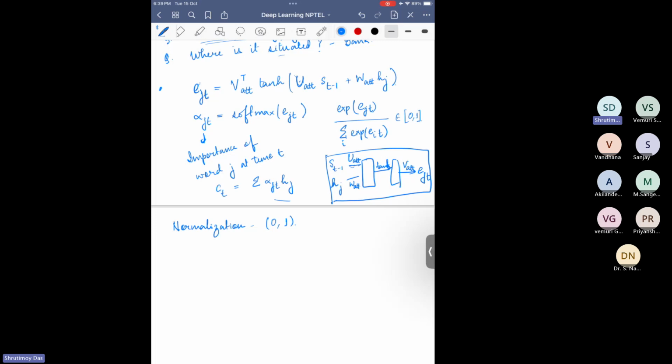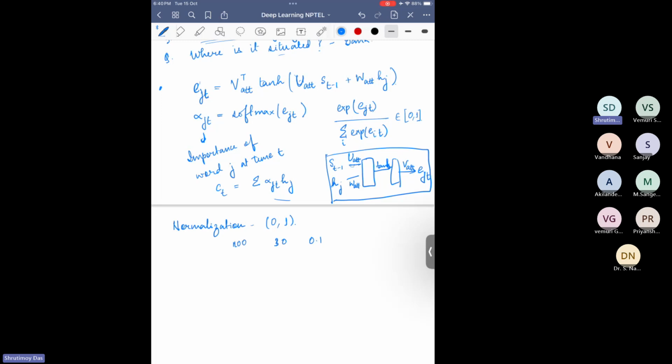Normalization is basically this: suppose we have some numbers, here 100, here 30, here 0.1. These three have very different ranges. This is very big, this is somewhat okay, this is very small, and I say I want to write these numbers within 0 and 1.